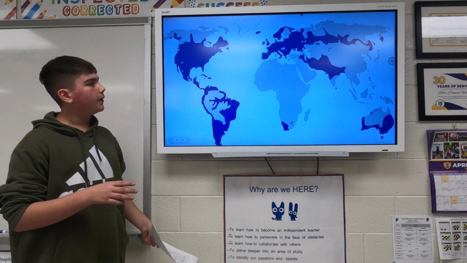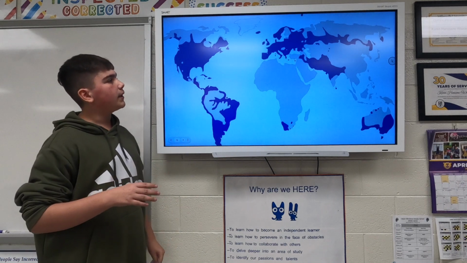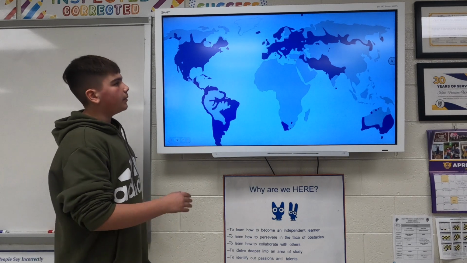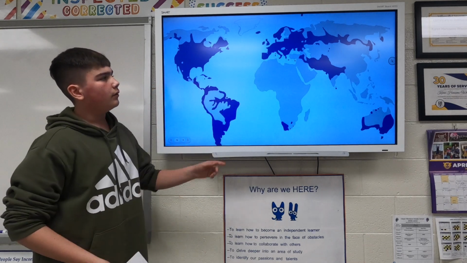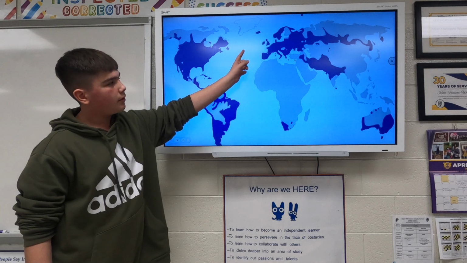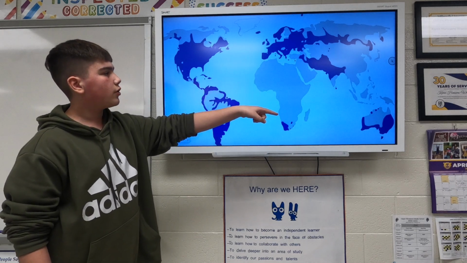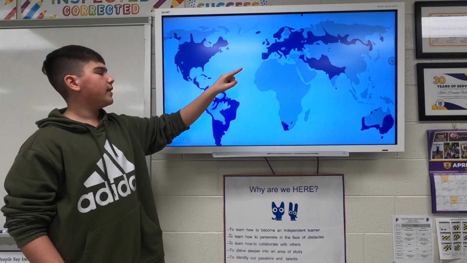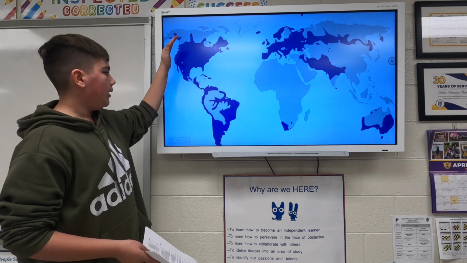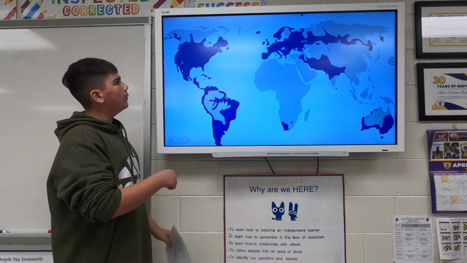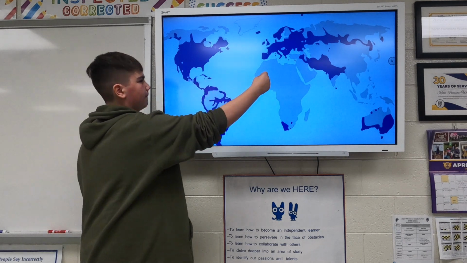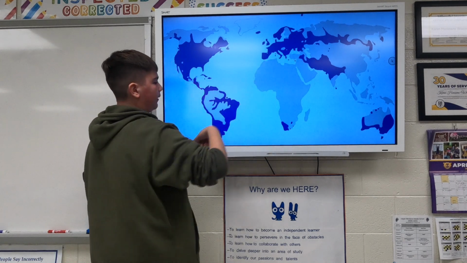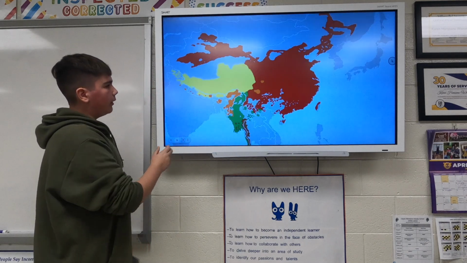This is a map of Indo-European languages, starting primarily in Europe, and through European conquest to Asia, Australia, Southwest Asia, and the Americas, and the majority of the Russian area and other Eastern European areas.